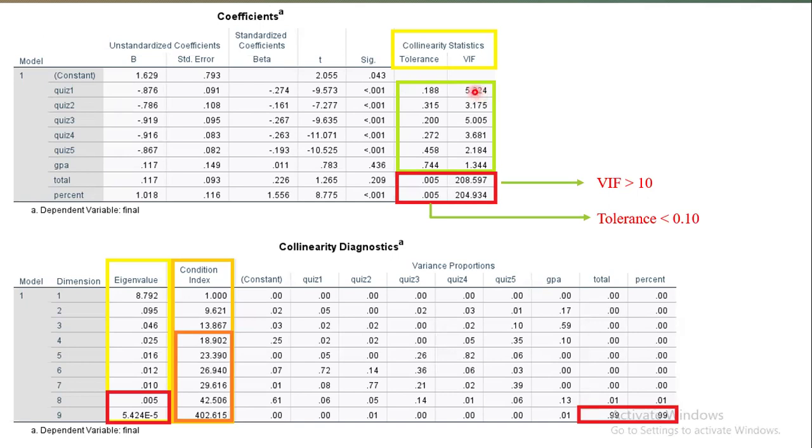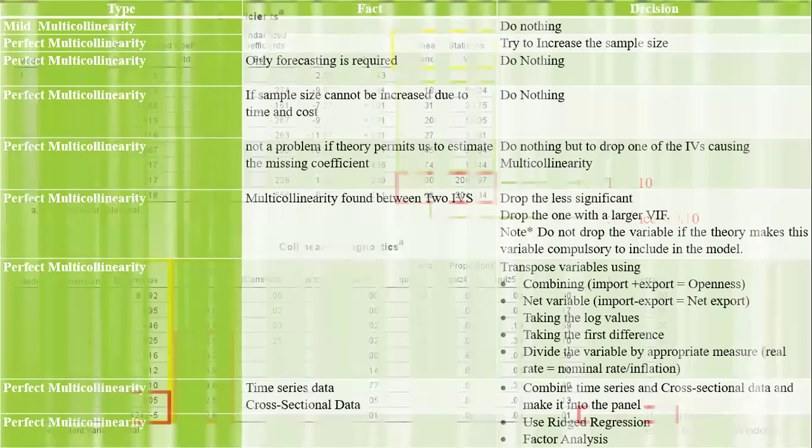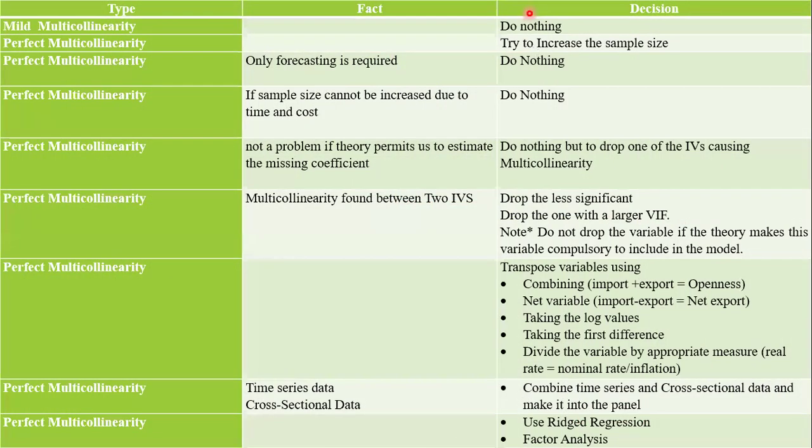So we can consider them as mild multicollinearity, but still they are ignorable. So in the case where you find mild multicollinearity, you don't need to do anything.